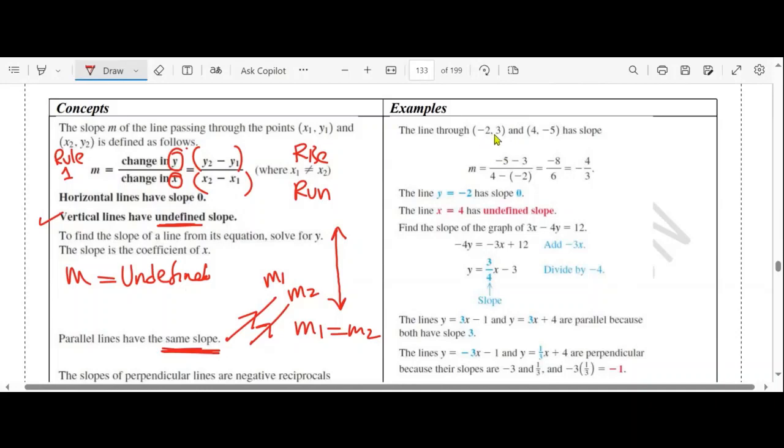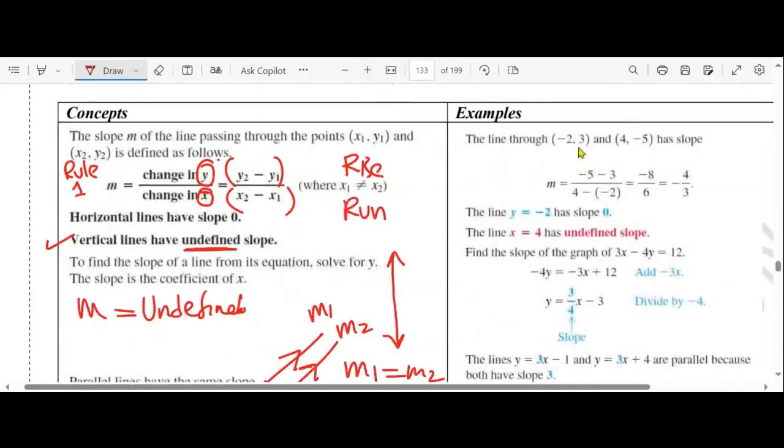Okay, let's take a look at the exercise on the right side. He's giving you coordinate points, right? How many points? 2 points. 2 pairs of points. Okay. Now, how can I get the slope?